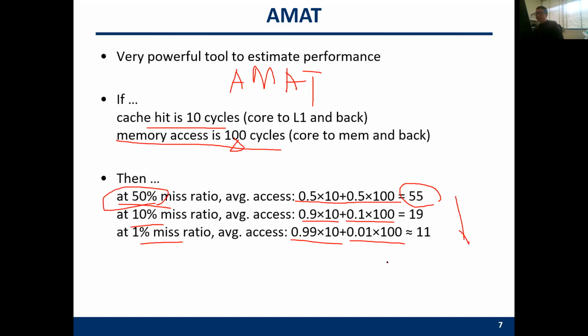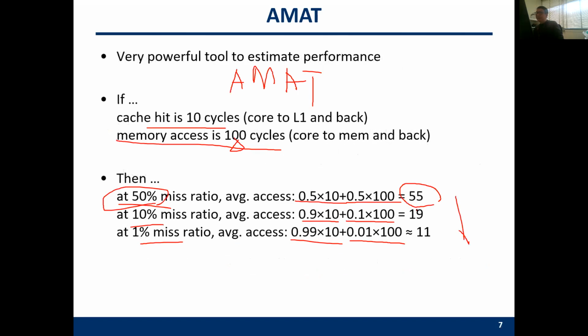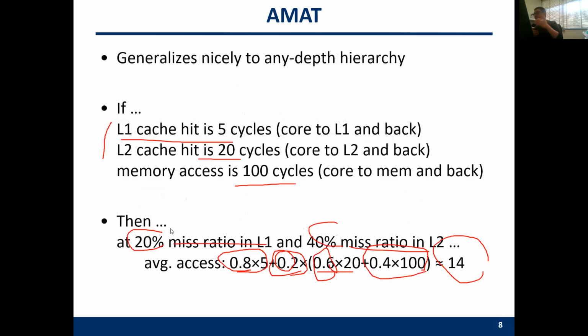You can see that this value is smaller than this one, but larger than this one. It's very difficult to improve your miss ratio to 1%. That's a very difficult job. But again, if you can have more levels of caches, you can still improve your average memory access latency.